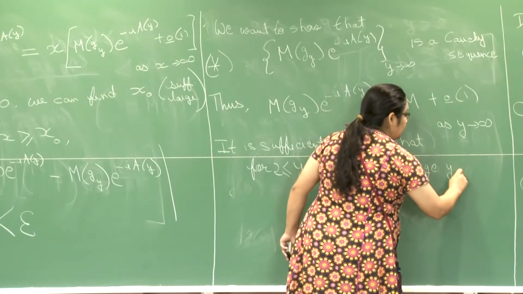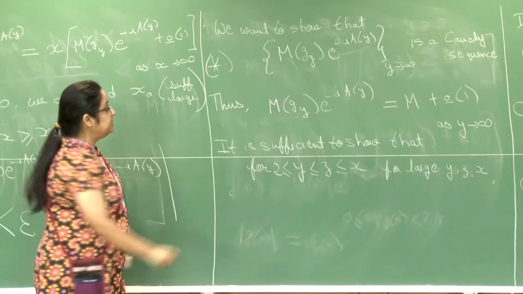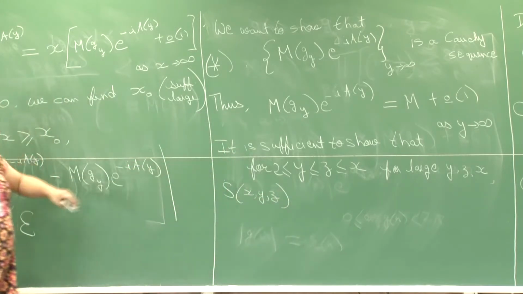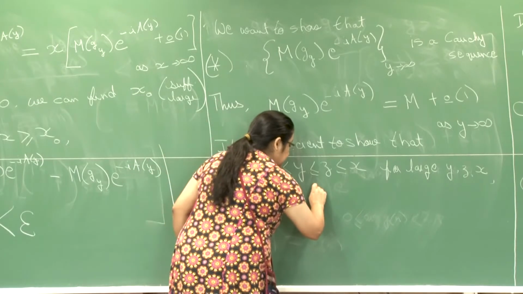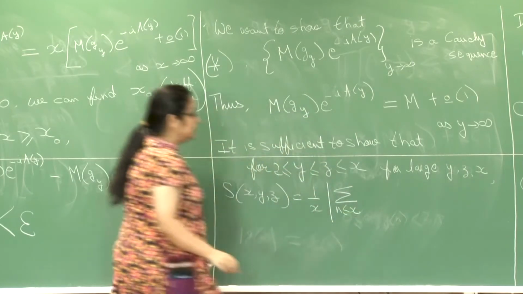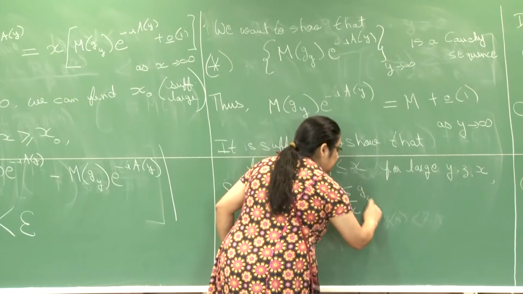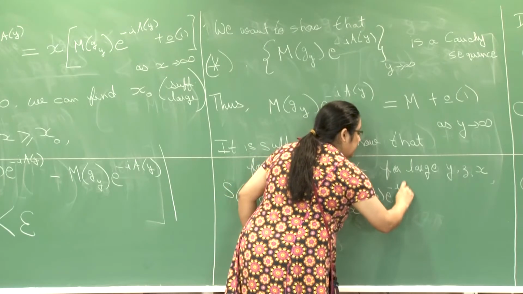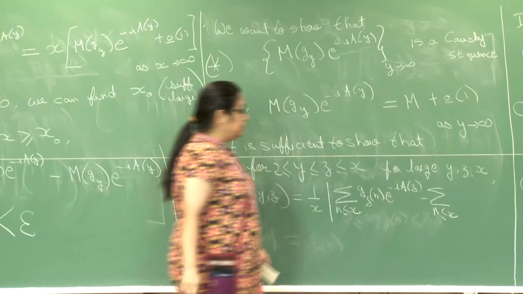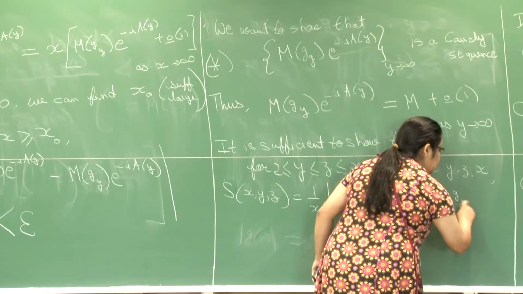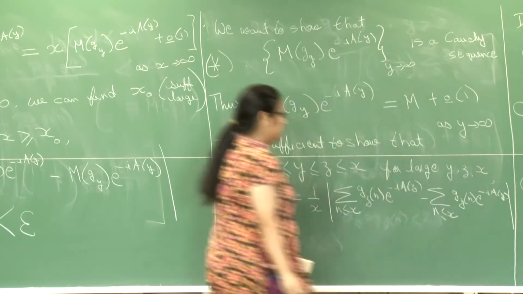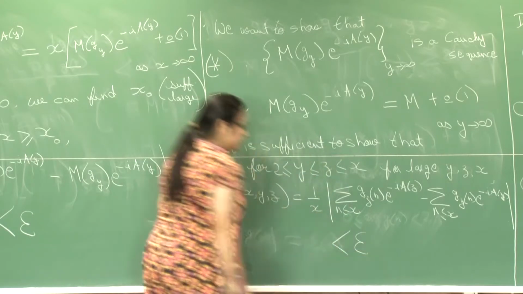So, for large y, z and x, we want to show that the term we denote as S of x, y, z, which we define as 1 by x times the absolute value of the difference between the summation of g sub z of n e raised to the minus a of z, minus the summation over n less than or equal to x of g sub y of n, can be made arbitrarily small.